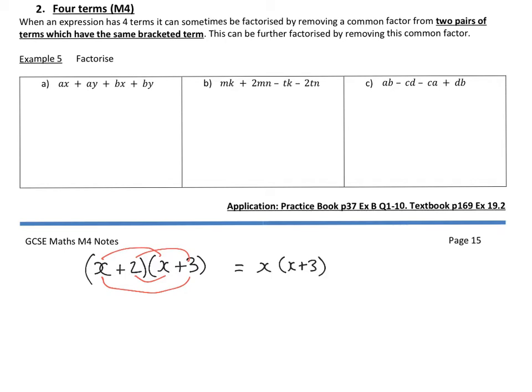So we've got the x multiplied by the x and the x multiplied by the 3, and we're doing that first. And then to that, we're adding on 2 multiplied by the x plus 3. So that we've got x squared plus 3x plus 2x plus 6, which then would work to x squared plus 5x plus 6.